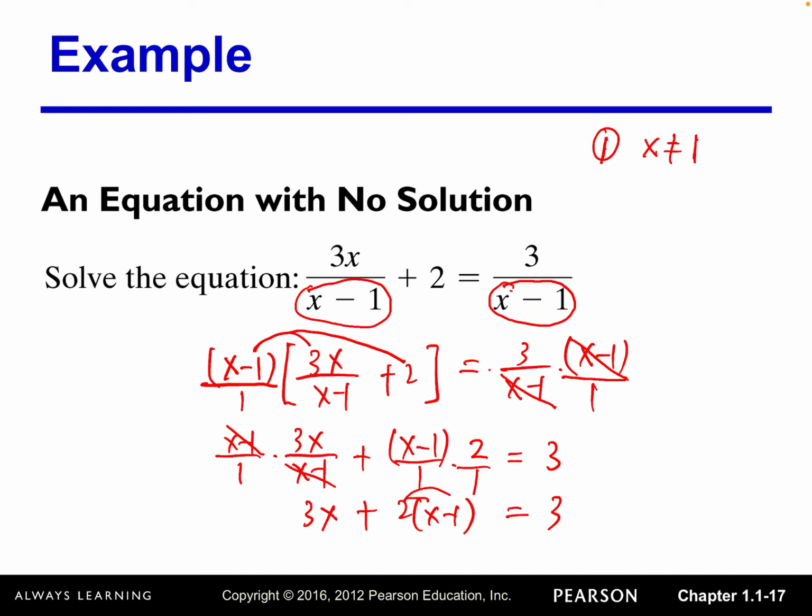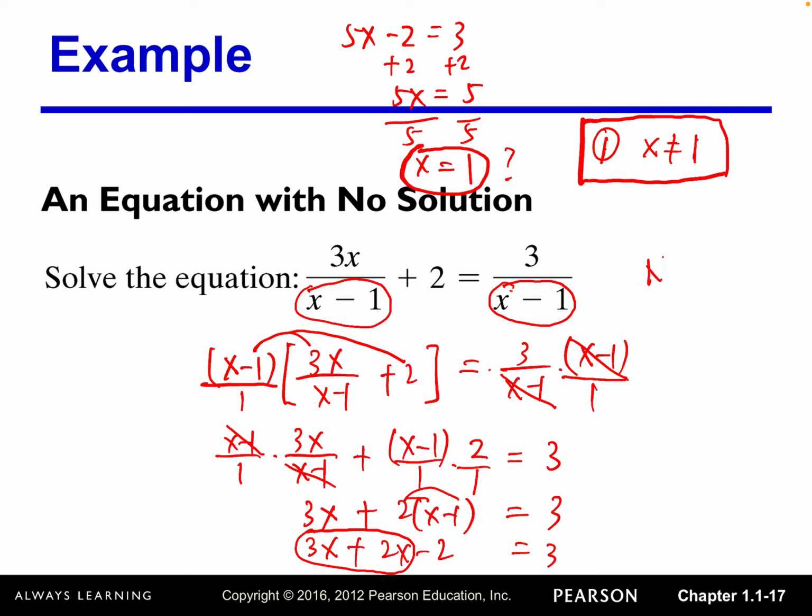We solve x equals positive 1. So what will be the solution? We got x equal to 1, but x cannot equal 1. So the solution is, for this particular linear equation, there is no solution.